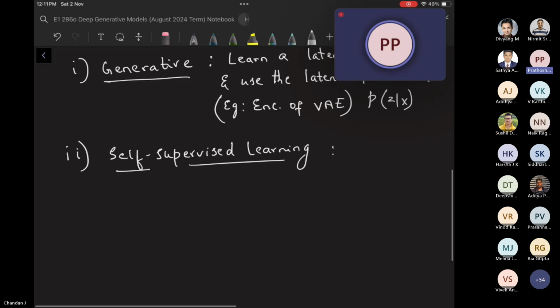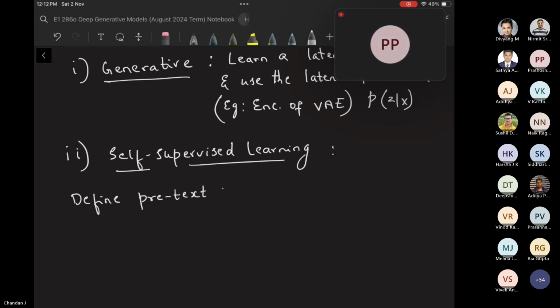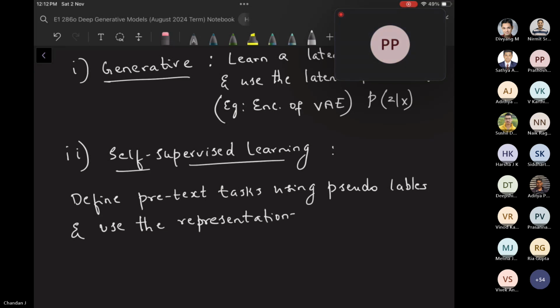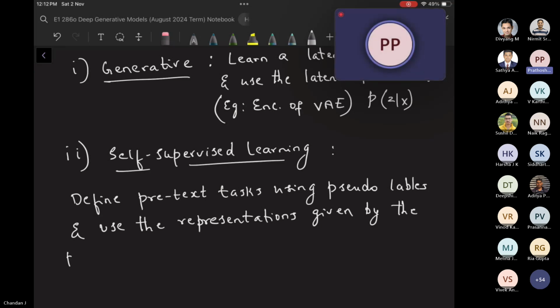So now in self-supervised learning, what is done is to define pretext tasks using pseudo labels, and use the representations given by the pretext task solver network.